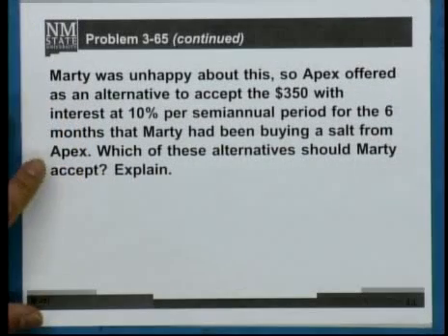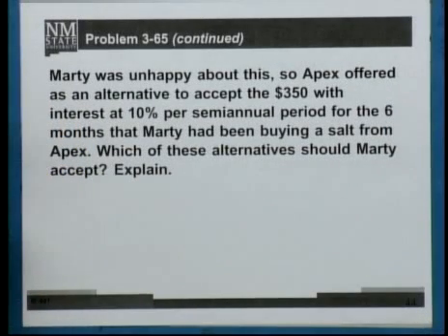And Marty was unhappy about this, so Apex offered as an alternative to accept the $350 with interest at 10% per semi-annual period for the 6 months that Marty had been buying salt from Apex.